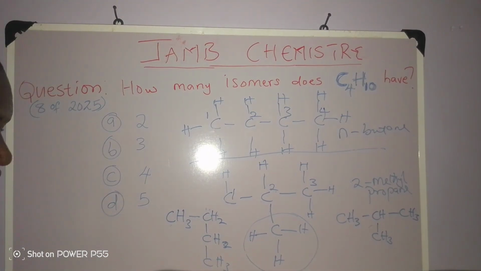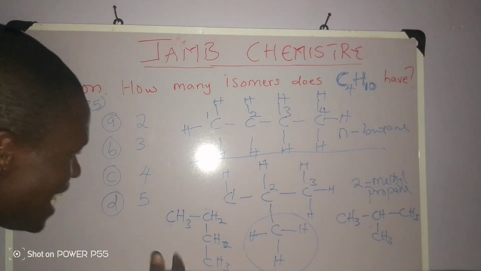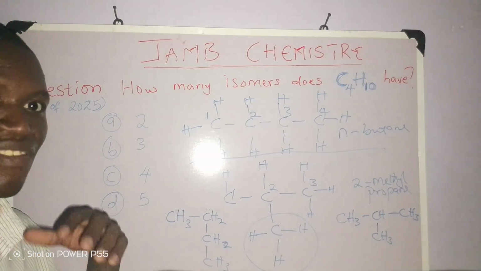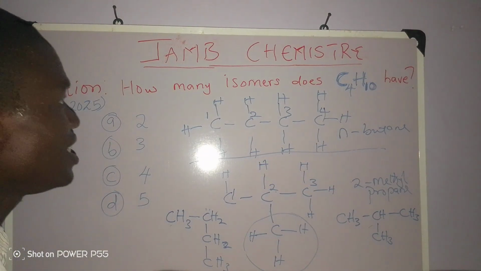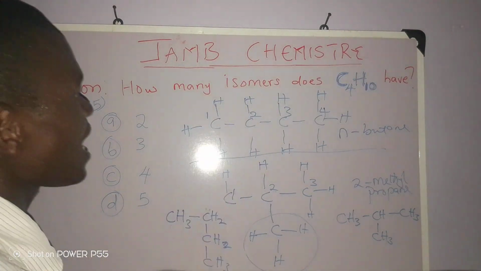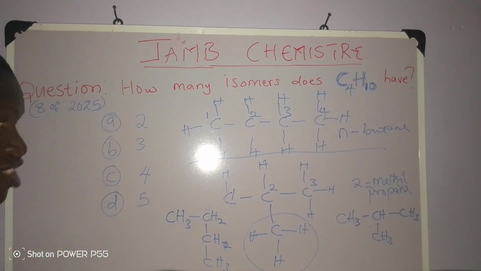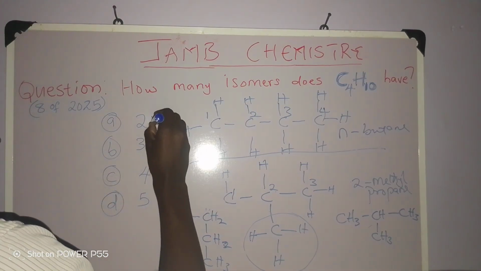I hope you got what I did. So now, let me ask you, what's the difference between this and the first one? They are the same, so their names still remain the same, which means that we don't have any other possible way to write this compound. So it means that this compound has only two isomers. So the correct answer is A.